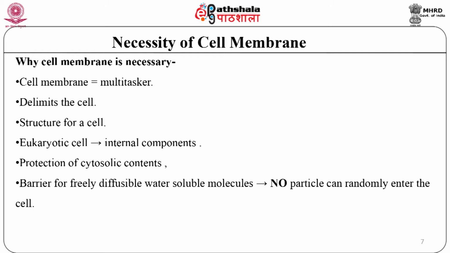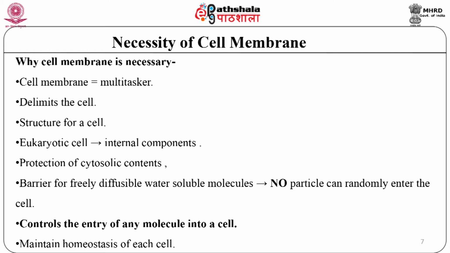It acts as a barrier for freely diffusible water-soluble molecules present in the environment. So, no particle can randomly enter the cell. In short, it controls the entry of any molecules into a cell. It maintains the delicate homeostasis of each cell. That is why the cell membrane is very important.